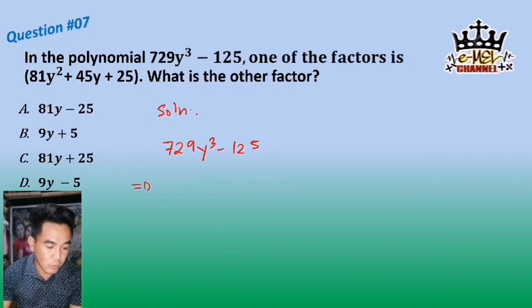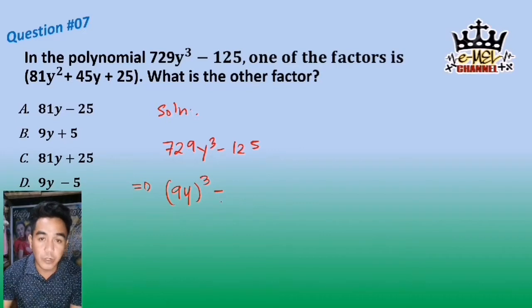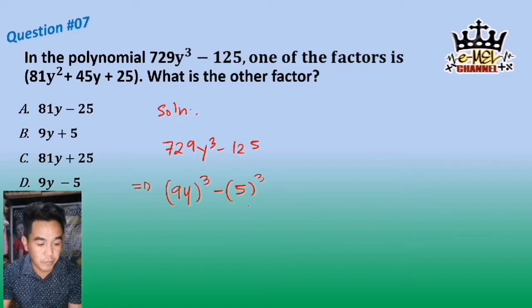And we know when we multiply 9 by itself 3 times, we have 729. And this is y, let us now raise it to the power of 3. And if we express 125 as a number raised to the power of 3, that is 5. We have already expressed the binomial in terms of the power of 3.